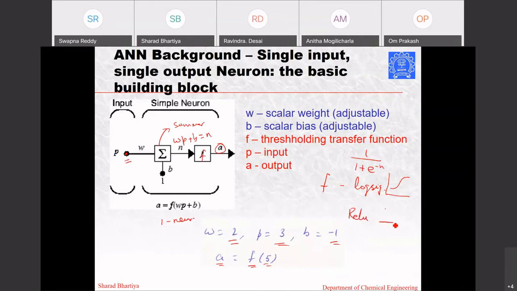It is very popular in image processing, where it is always zero, and positive numbers are just transmitted with whatever their values are. This is known as a ReLU unit. You have a softmax function, which is very often used for multi-category classification and so on. So this is this F over here.